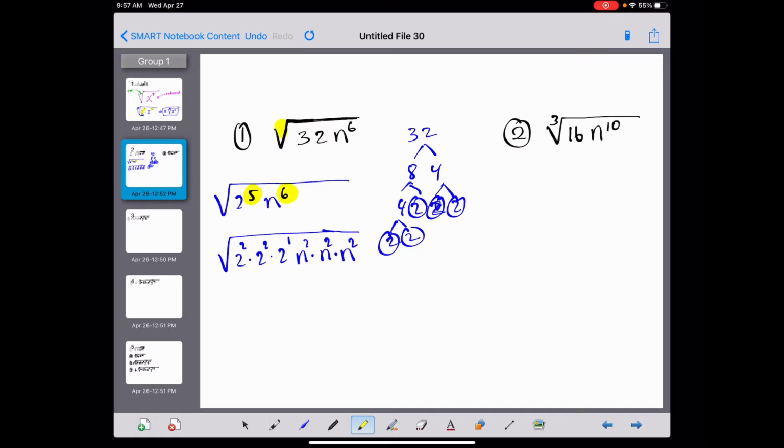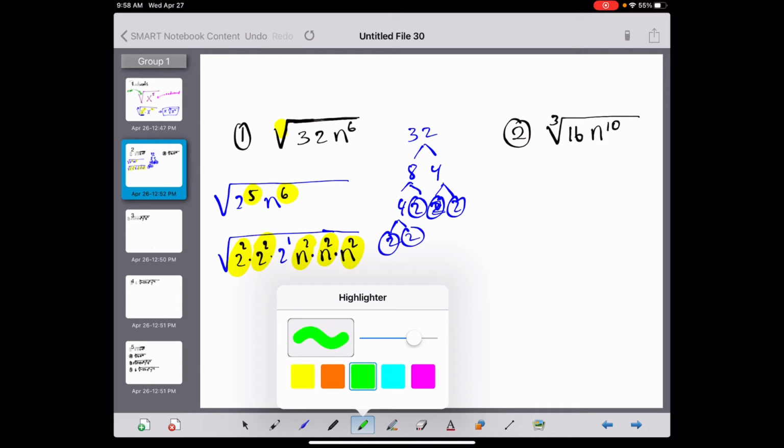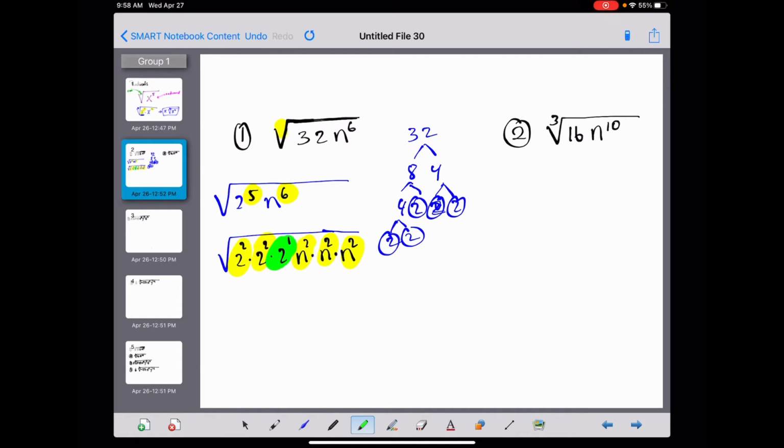So let's highlight the ones that have enough power to get out. This one right here, and the one that I'm not highlighting is stuck behind because it doesn't have enough power to get out. Because we're working with squares, and this one in green right here is only 2 to the 1st power. That's not enough, so it's stuck behind.